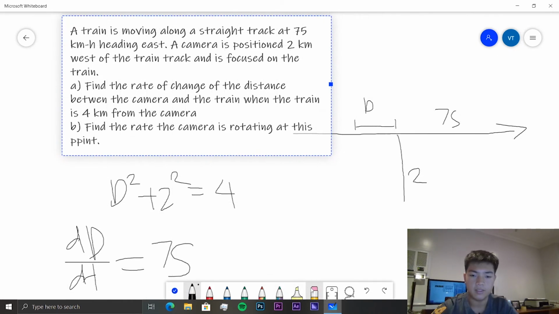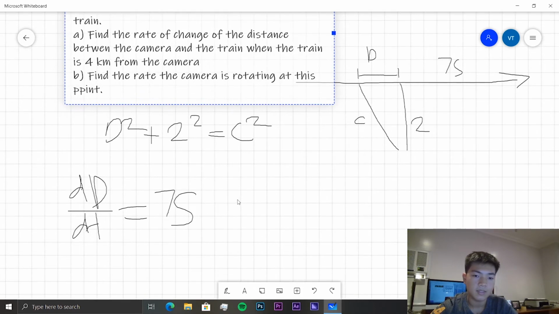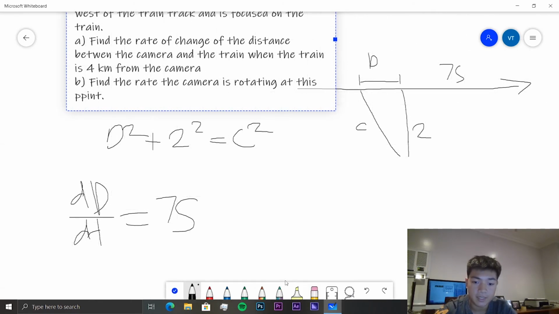Okay, no. So I have an idea. So we have d squared, the distance squared, and then let's call this a diagonal c. So d squared plus 2 squared is equal to c squared. So we have c equal to the square root of d squared plus 2 squared.